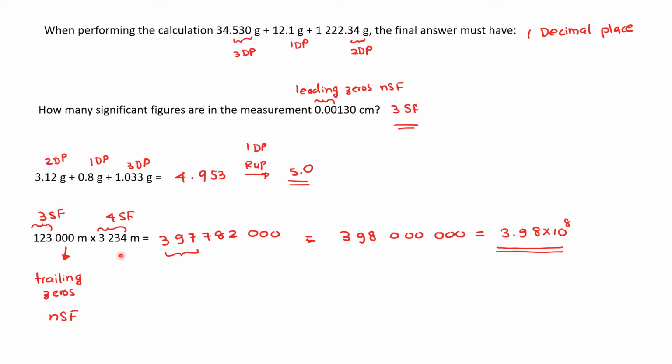Those are all significant, 4 significant figures. When you do this math in the calculator, this is the number you're going to get. However, we have to round this number to 3 significant figures. So we're going to round. In other words, in scientific notation, you can write it this way as well.